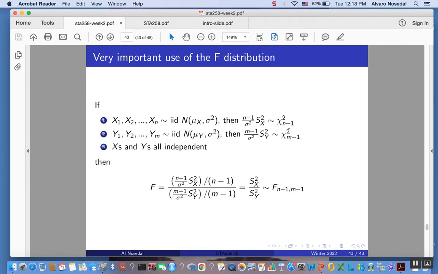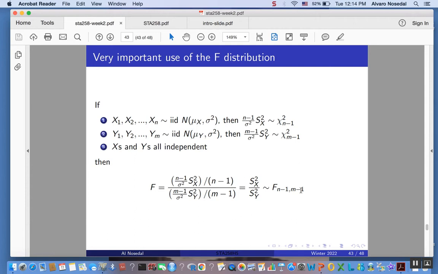Since these are independent, when we take the ratio, dividing this chi-square by its degrees of freedom, n minus 1, and this chi-square by its degrees of freedom, m minus 1, by definition that ratio has an F distribution with n minus 1 degrees of freedom in the numerator and m minus 1 degrees of freedom in the denominator.